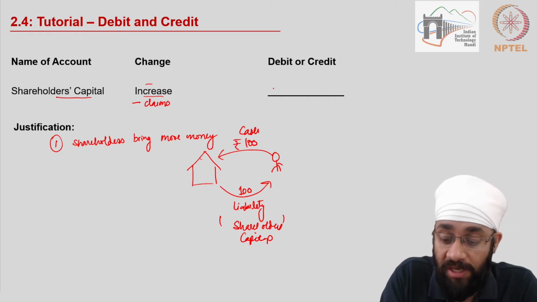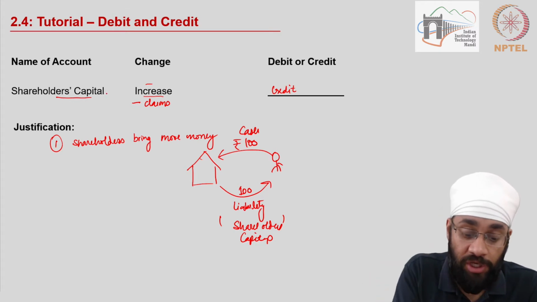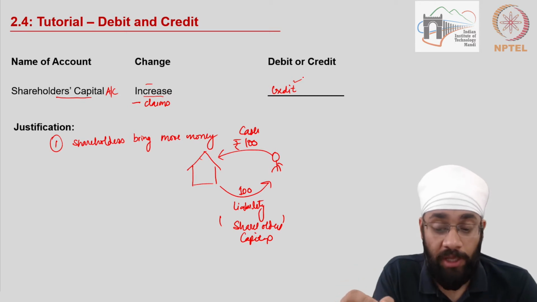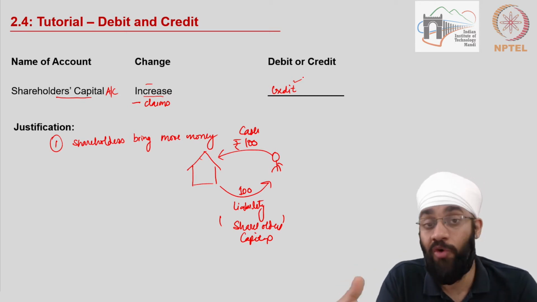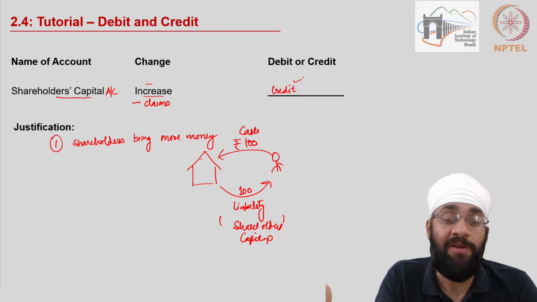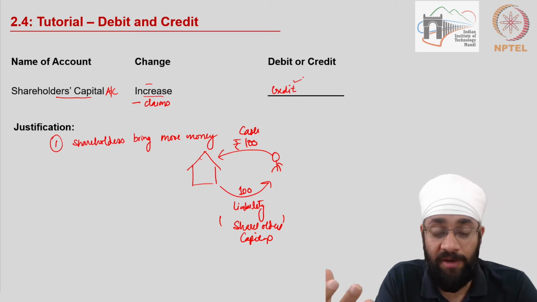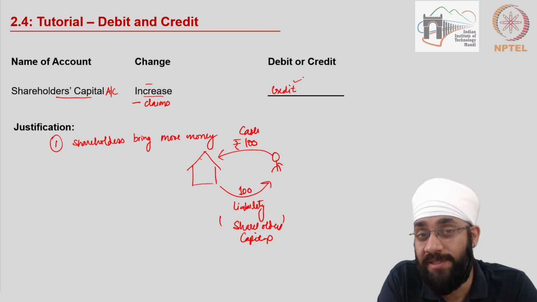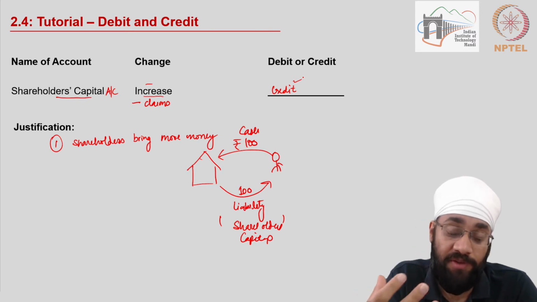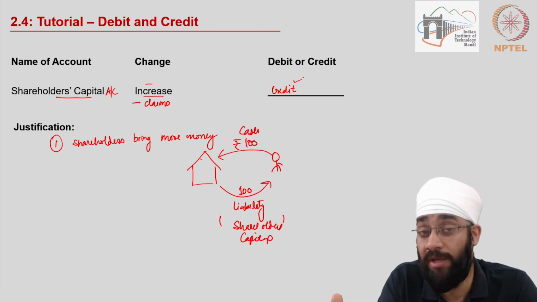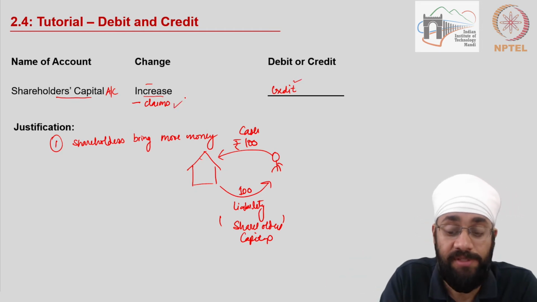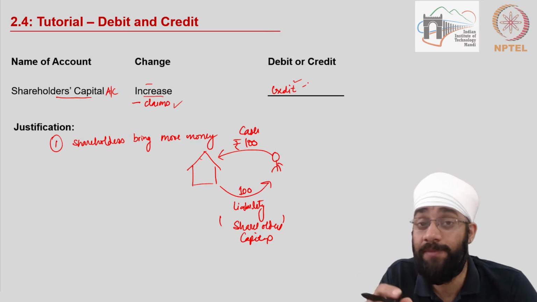So any reduction in claim is shown by credit. So we're going to write shareholder capital account and write the word credit opposite to it. Somebody who knows the accounting language will be able to infer that shareholders brought in more cash into the business. Therefore, the liability of the business toward the shareholder is going up. That represents the reduction in the claims of business, and hence the credit has been written there.